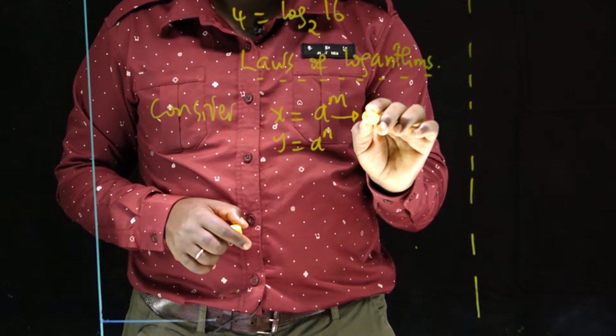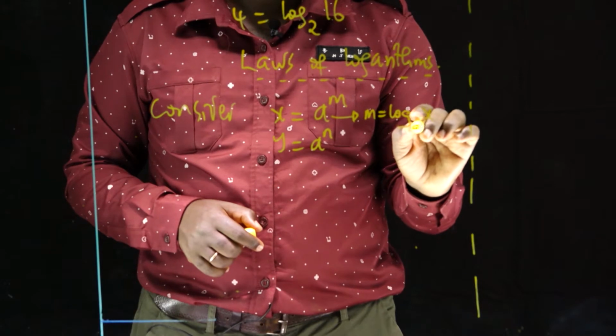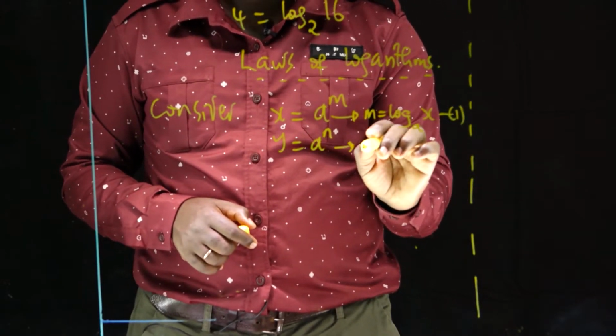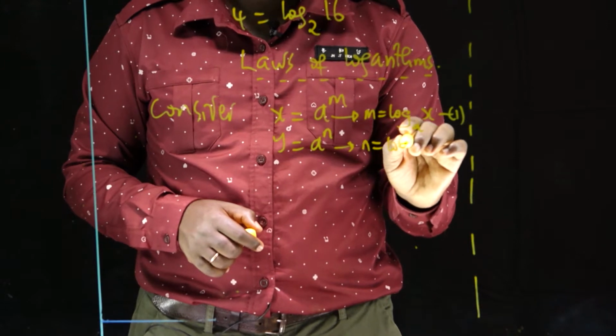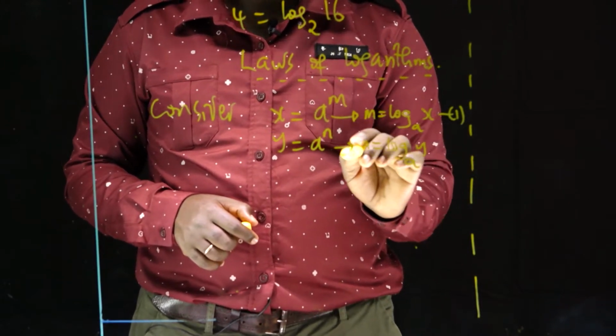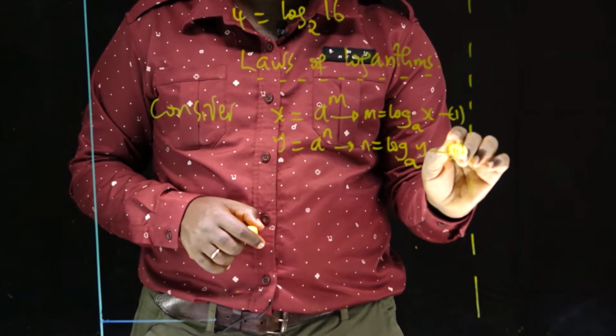This could appear as m equals logarithm of x base a. Call this equation 1. And this could become n equals logarithm of y base a, that is n. Call this equation 2.